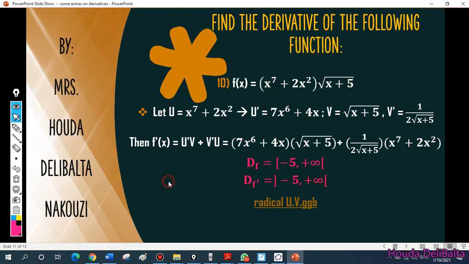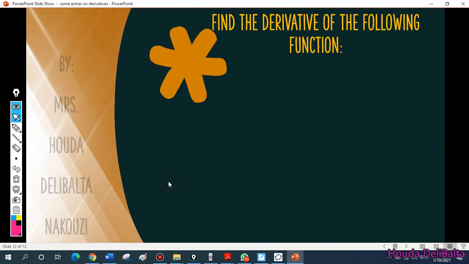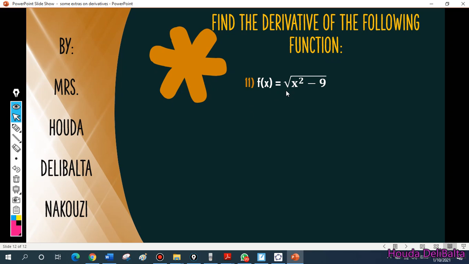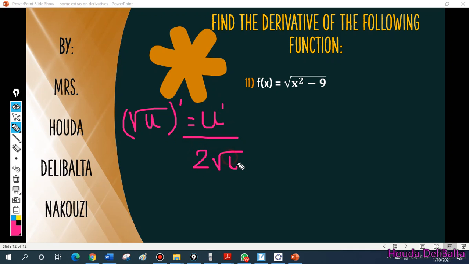Now let's continue talking about the last example, which is f of x equals radical x squared minus 9. Here it looks like radical u. So we are going to apply the rule of the derivative of radical u: radical u prime is equal to u prime over 2 radical u.